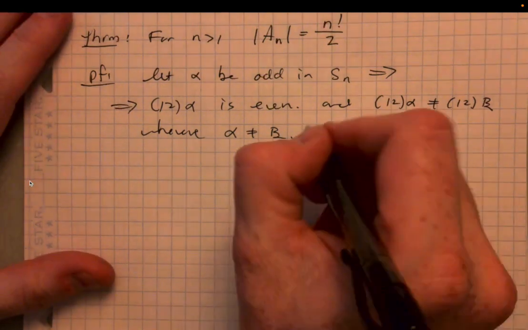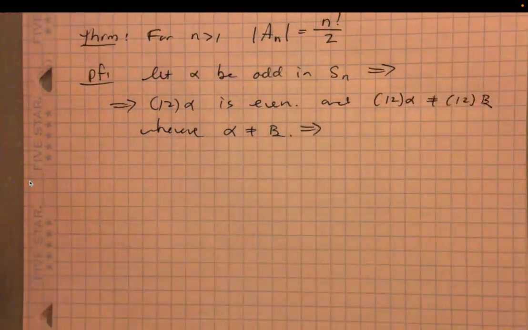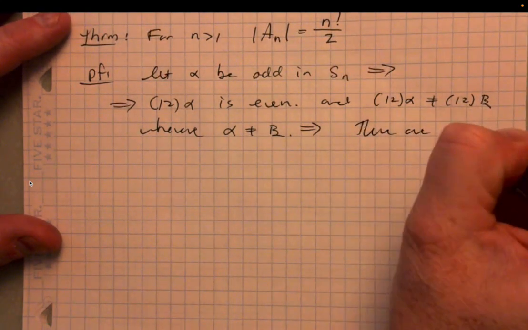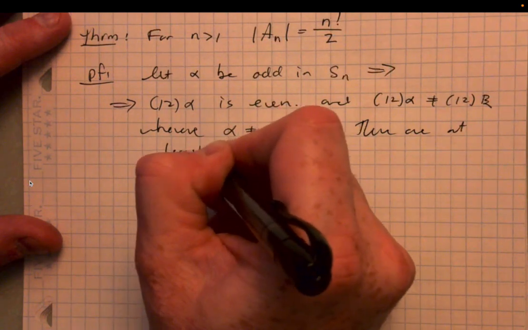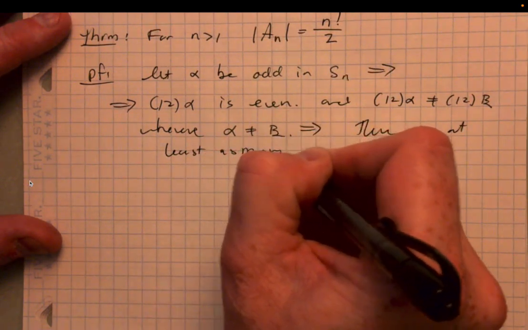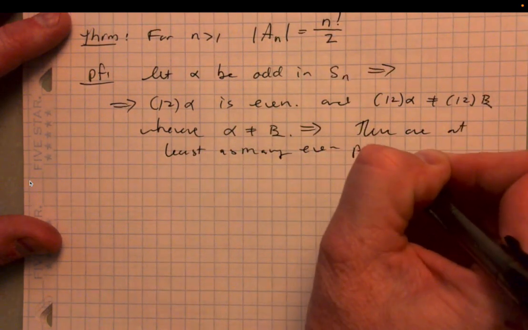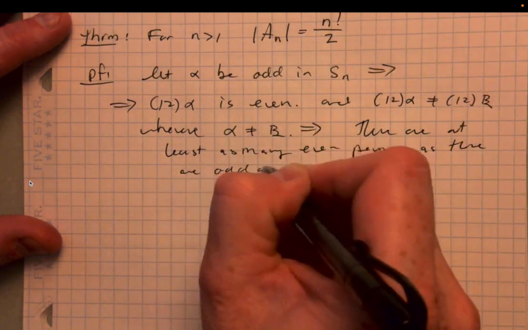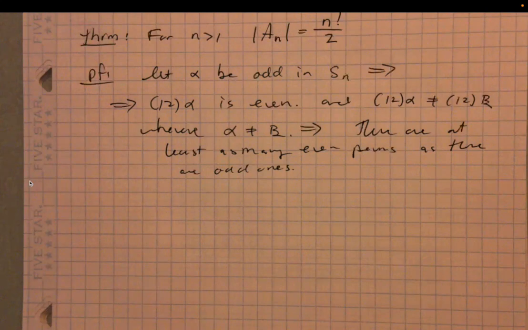These things together imply there are at least as many even permutations as there are odd ones.